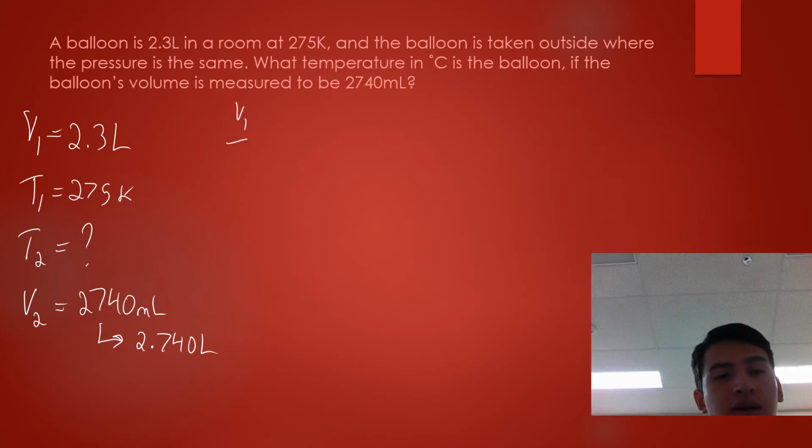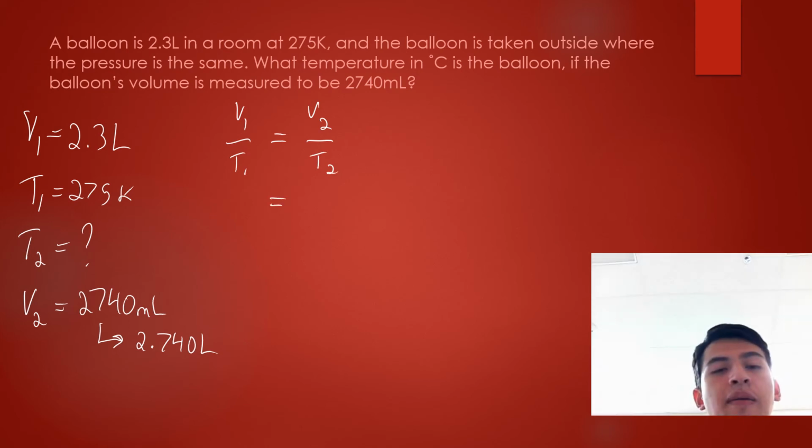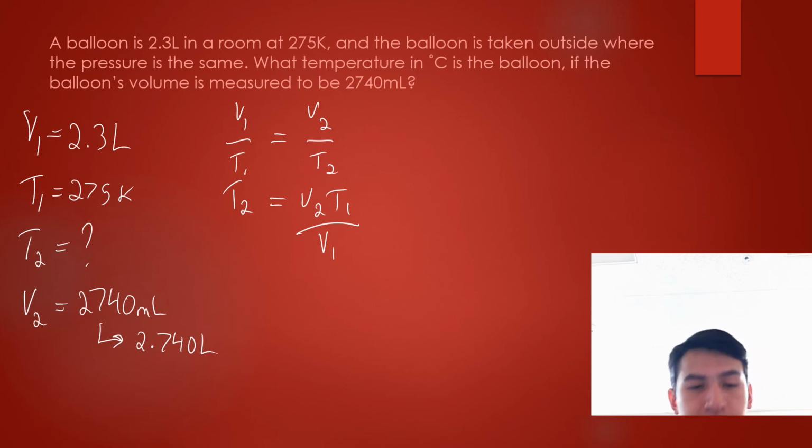And then I'm going to substitute into the equation. So let me write my equation down. Volume 1 over temperature 1 equals volume 2 over temperature 2. I'm going to rearrange for the variable I'm solving for, which is temperature 2. That means temperature 2 is going on this side, volume 2 is staying on this side, temperature 1 is going to multiply with volume 2, and volume 1 is going to be divided by all that.